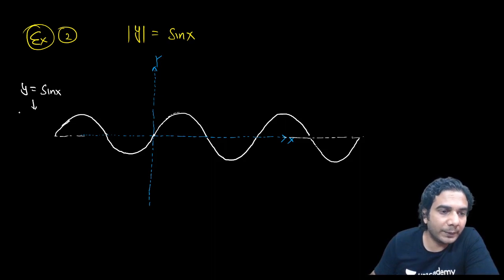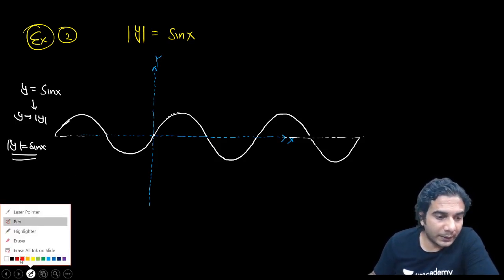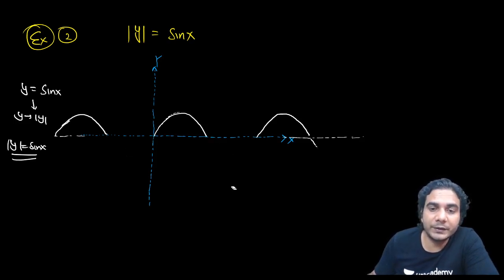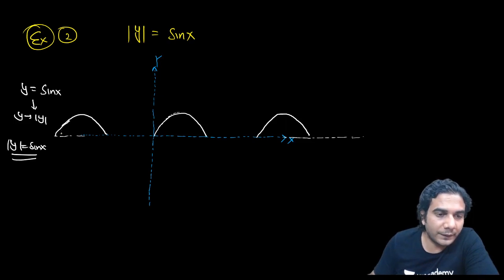In this, you need to replace y by mod of y. So you'll get mod of y is equal to sine x. So what is going to happen here? First, you need to remove these portions where the graph is below the x-axis. So we'll remove this, this, and this. Now these portions will vanish. These are not part of the graph. Now take the reflection of the remaining portion.